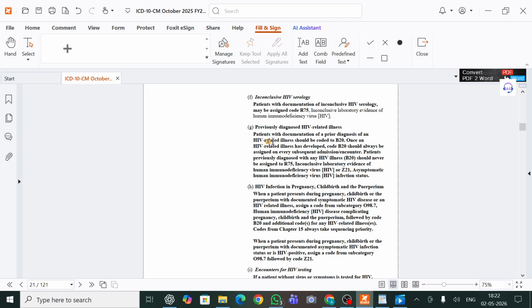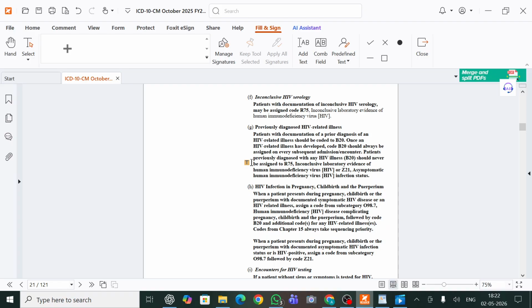Next one is previously diagnosed HIV related condition. I am telling you one example of how to find which code in the record. Previously the patient had AIDS, you got my point.